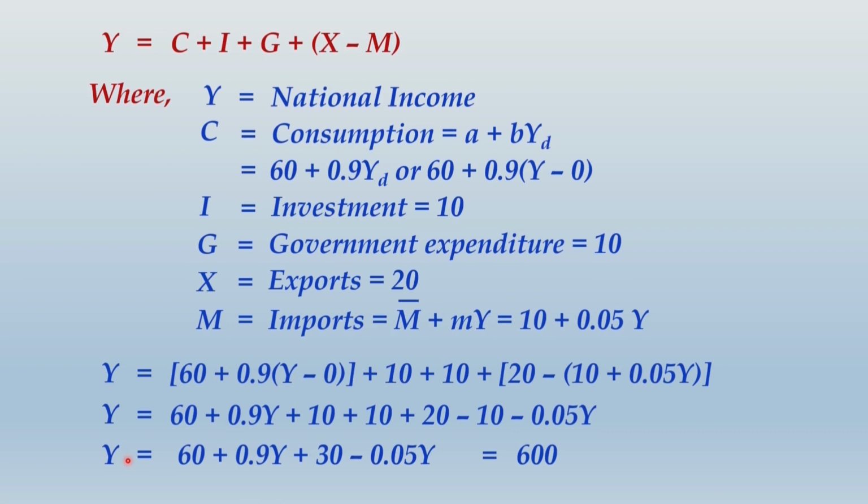So what you get here is Y minus 0.9Y plus 0.05Y, which will give you 0.15Y, and the value of that will be 60 plus 30, that is 90.